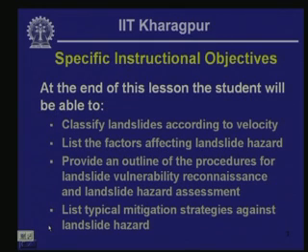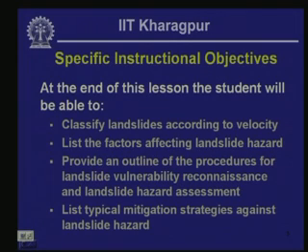Now we move on with the subject matter of this particular lesson. The objectives of this lesson are as follows. At the end of this lesson, we would like to be able to classify landslides according to the velocity of the unstable mass.